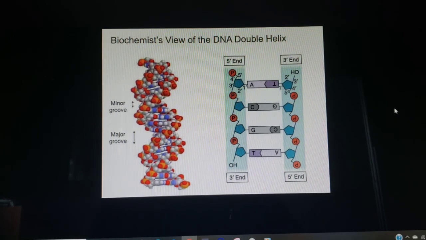And that's DNA. DNA is our reserve for all of our genetic information. Those bases code for what your proteins are in your entire structure, in the entirety of your body.